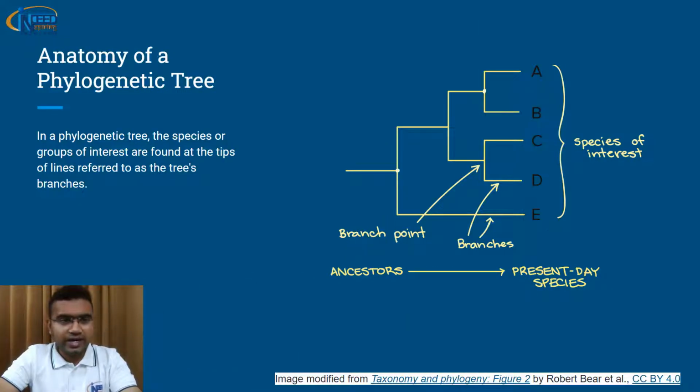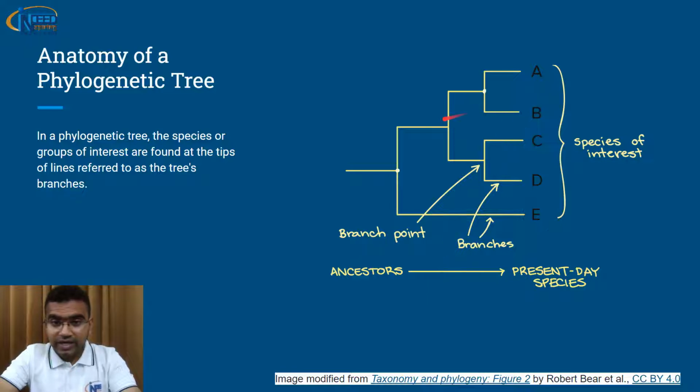Let us look at the anatomy of the phylogenetic tree. Here we can see that in a phylogenetic tree, the species or groups of interest are found at the tips of the lines, referred to as the tree's branches. This diagram has been taken from Taxonomy and Phylogeny by Robert Baer.